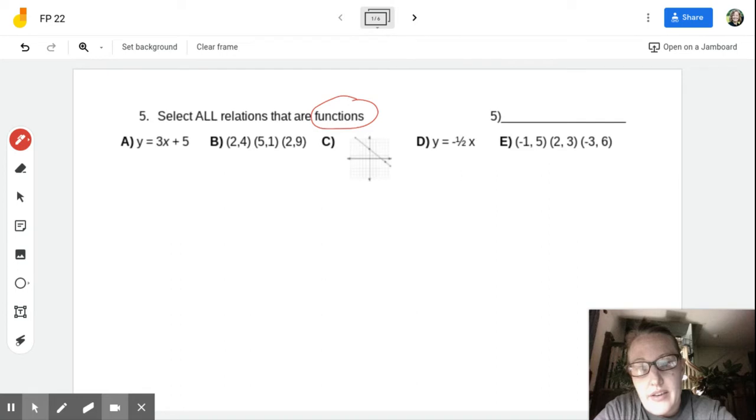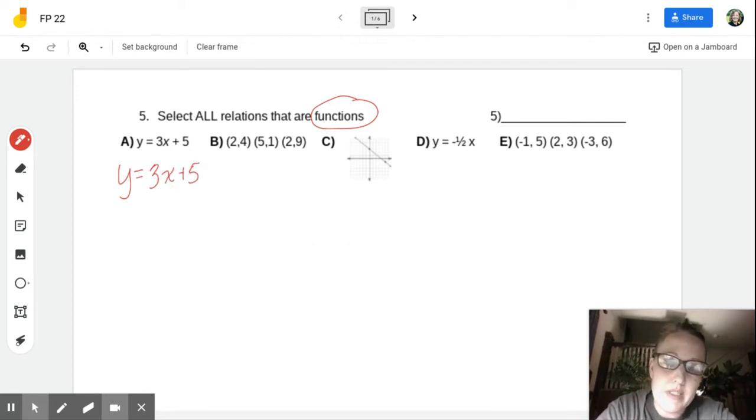Let's take a look at this. If I have this equation for A, y equals 3x plus 5, every time I put something different in for x, I'm going to get something out for y. So I have an input and I have an output.